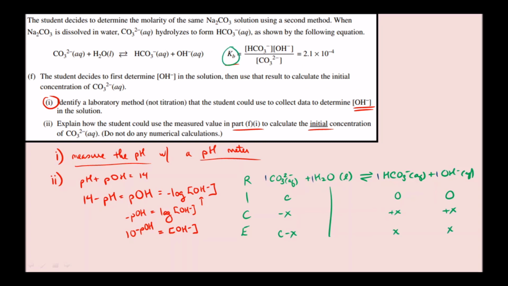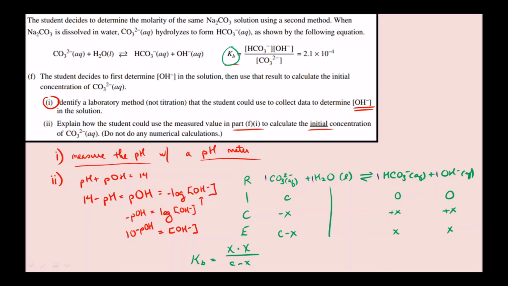And now let's utilize the weak base equilibrium constant. So Kb is equal to the concentration of bicarbonate times the concentration of hydroxide over the concentration of carbonate. So concentration of bicarbonate is X, multiplied by the concentration of hydroxide, which is X, divided by the concentration of carbonate at equilibrium, so C minus X. All of these are the concentrations at equilibrium.